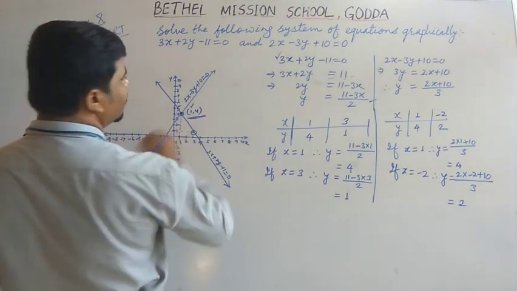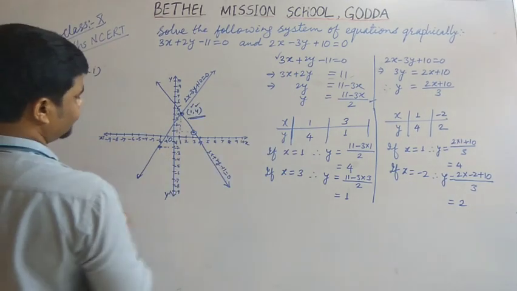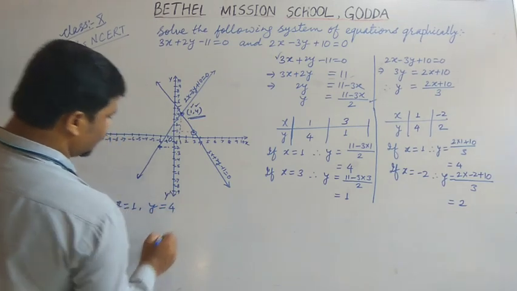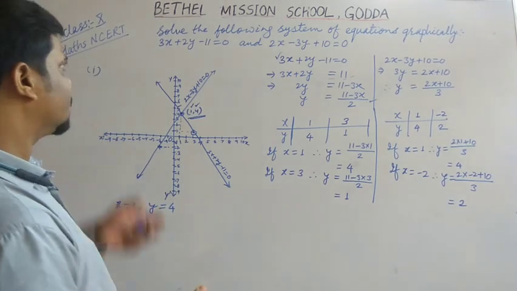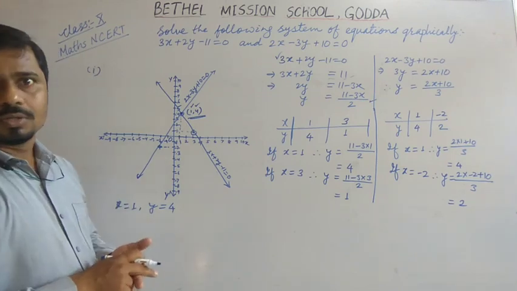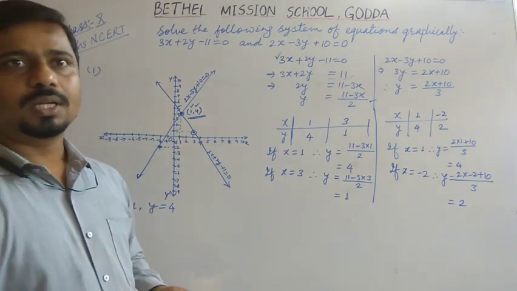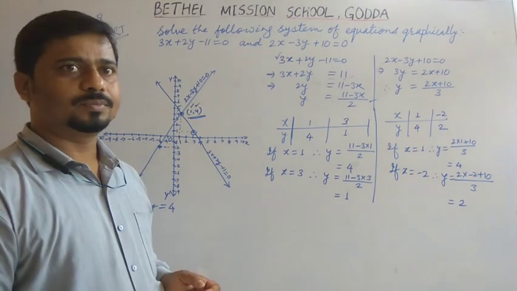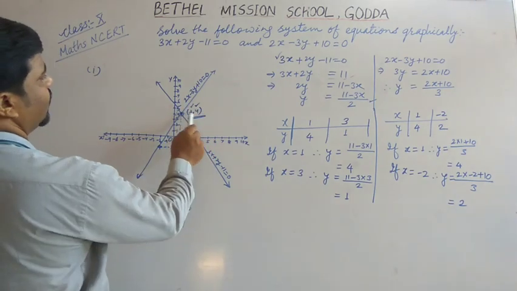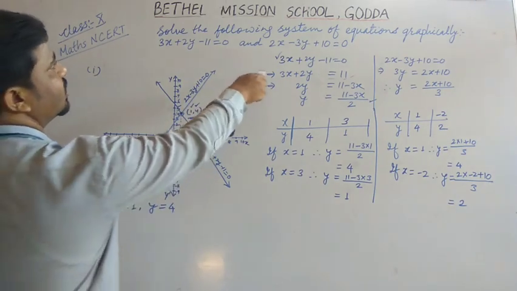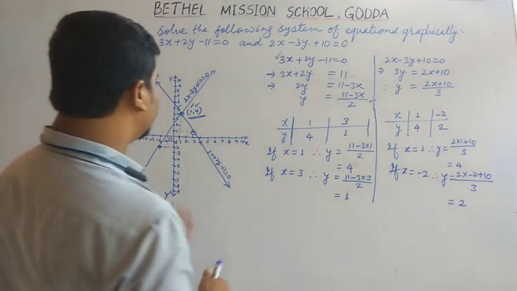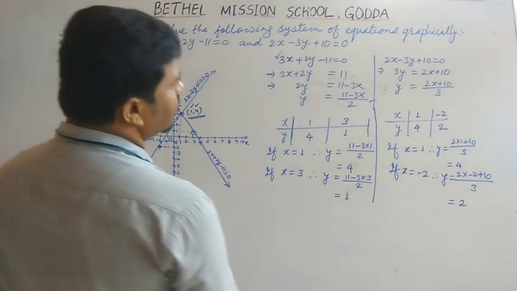Value of x is 1 and value of y is 4, and this is called consistent.